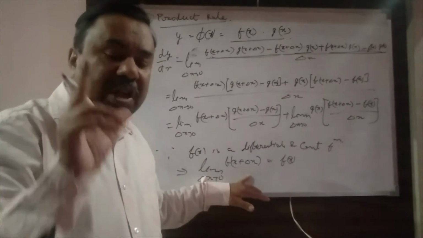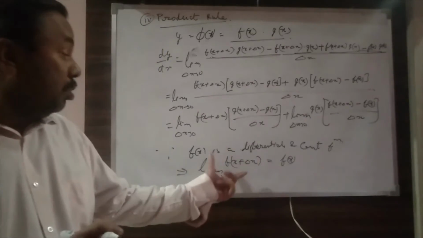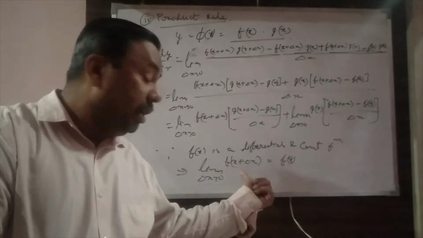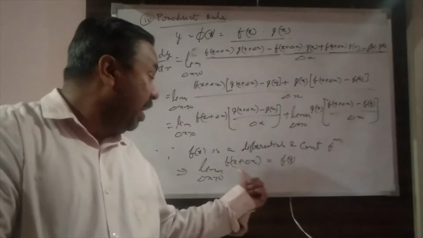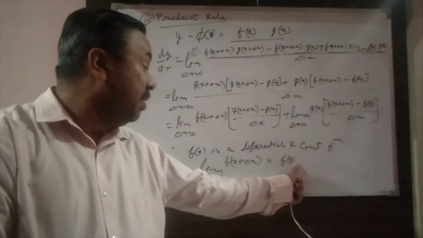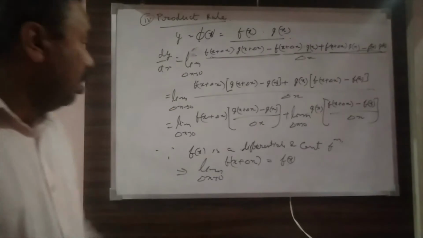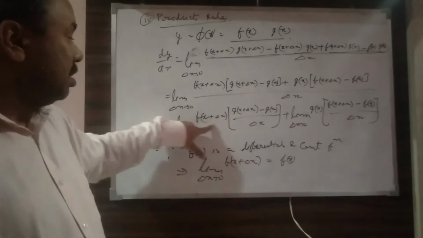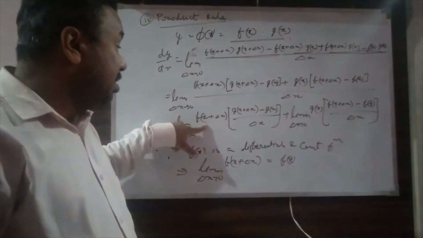Just remember my first class when I was explaining limits, I told you about some of the indeterminate forms. It is not getting any indeterminate form, so I can write limit of f(x + Δx) as f(x). So when I operate the limit, this term will become f(x).